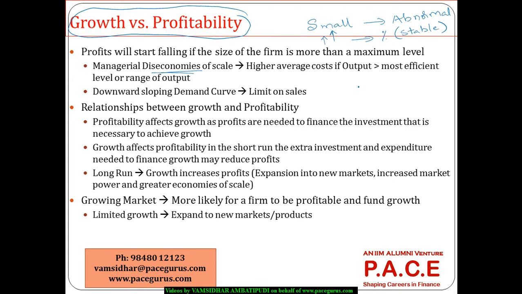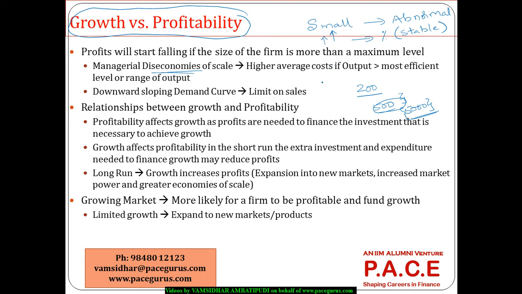As my firm right now is a 200 employee firm, let's say if it goes to 500, fair enough, I have managers who can handle it. But if it goes to 5,000 in the next 1 year, I may not generate the same level of profitability because there is a possibility that I may not get the same level of experts who can manage a 5,000 employee team where I was successful managing a 500 employee team.